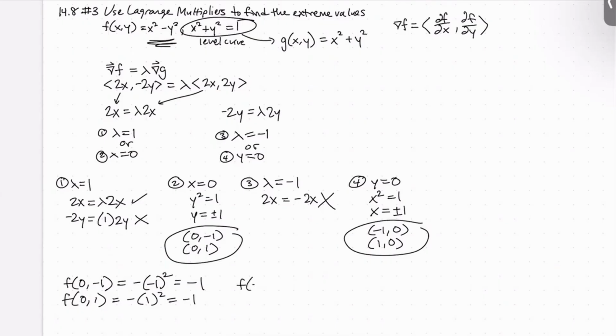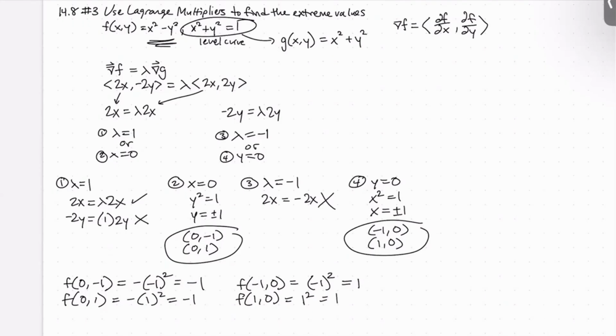For f of (-1, 0), we get -1 squared, which equals 1. And then f of (1, 0) equals 1 squared, which also equals 1.